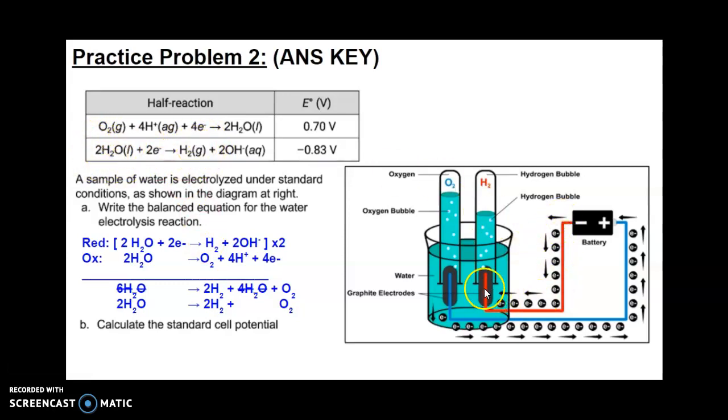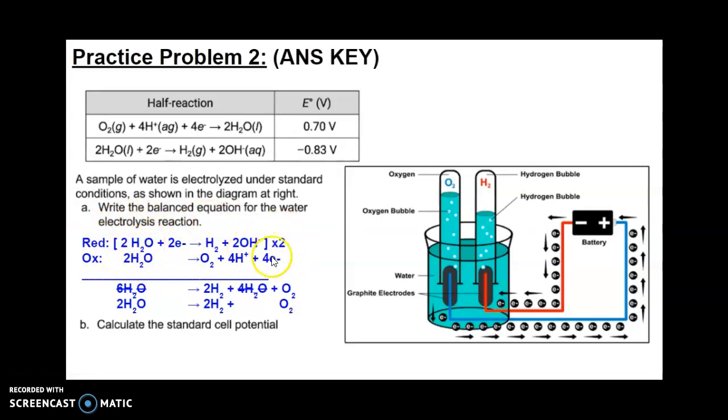The hydrogen gas is being produced as this is being reduced. Then we have to balance the number of electrons. So we have 2 electrons in one and 4 in the other. So we can multiply our reduction half reaction by 2, so that way we equalize the number of electrons.